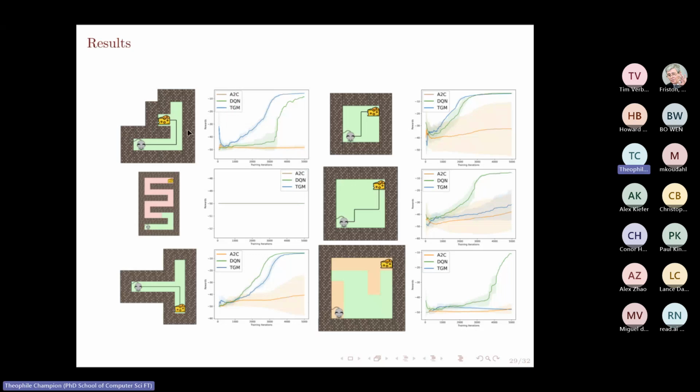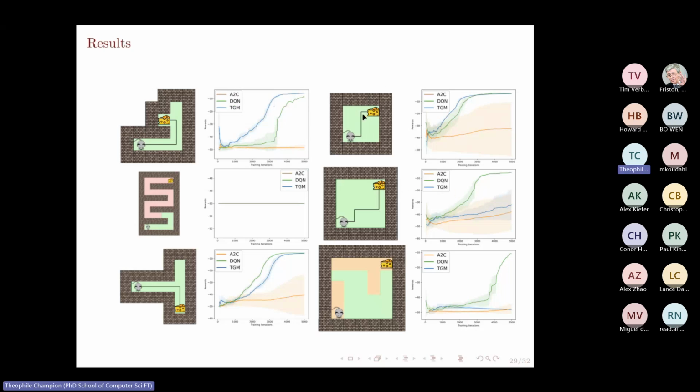Okay, so if we look at this first maze, we see that our approach is learning faster than Q-learning, but DQN is solving the task almost as well as our approach. In this second maze, we are once again a bit faster. DQN is doing exactly the same in terms of performance, just slightly slower.